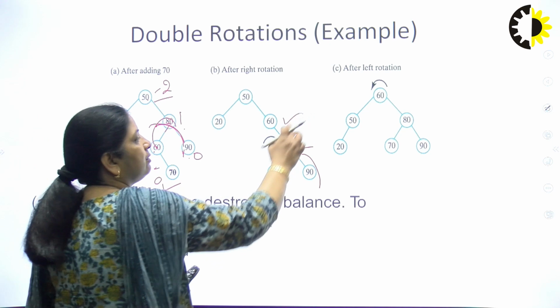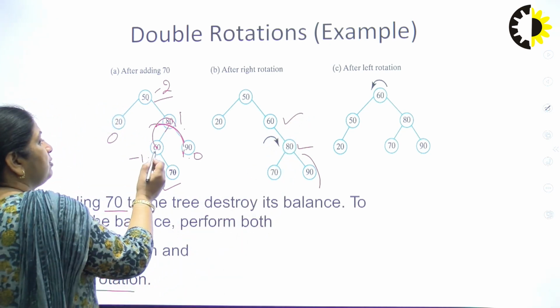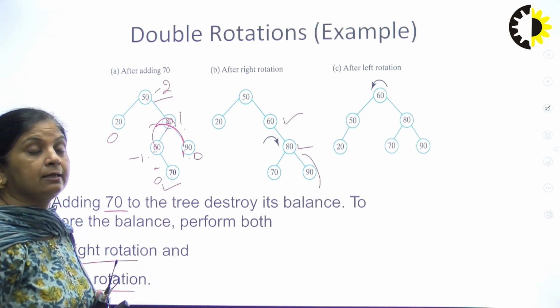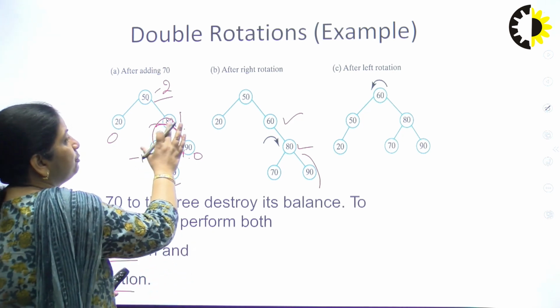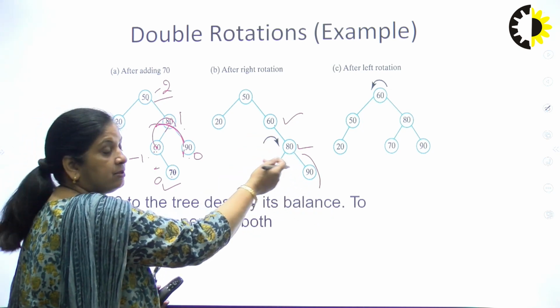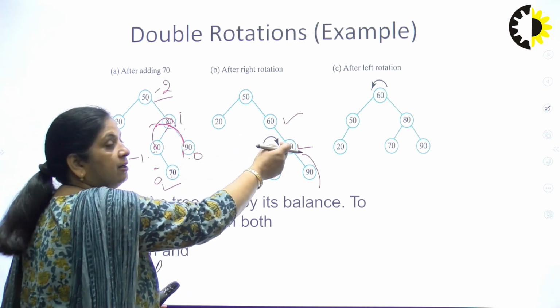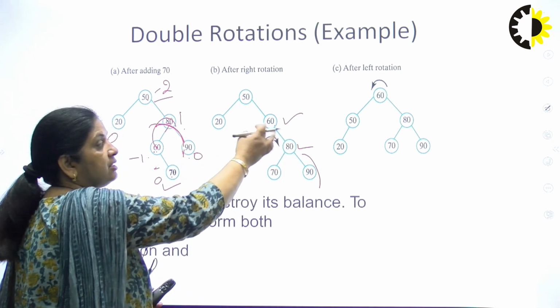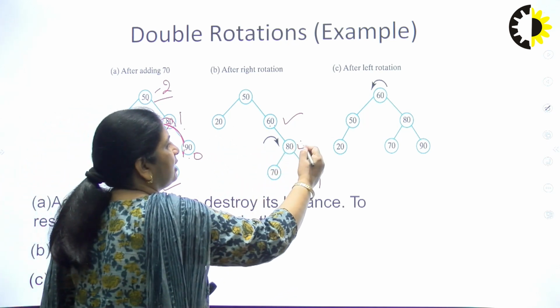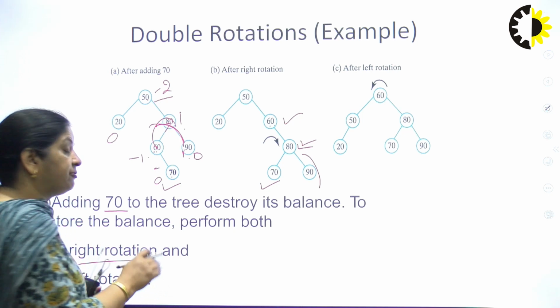Now the main point is 60 was having a right child, that is 70. So the right child of 60 will become the left child of the right child of 60 in the rotated form, which is 80. So it will be placed here. It happened after right rotation.